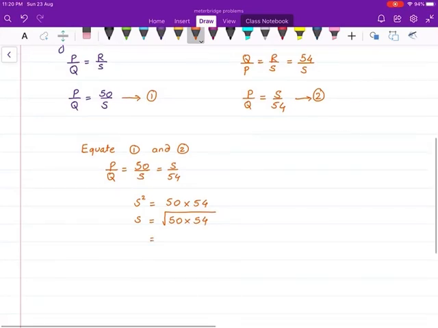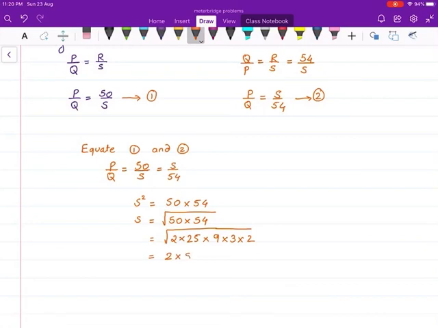I will just simplify this to get the value of S. I'll write 50 as 2 into 25 and 54 as 9 into 3 into 2. So I will get this as 2 into 5 into 3 root 3.